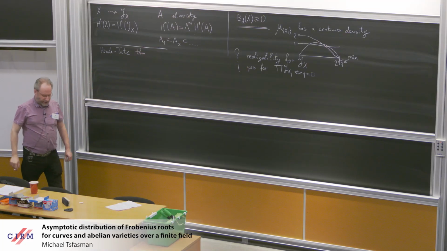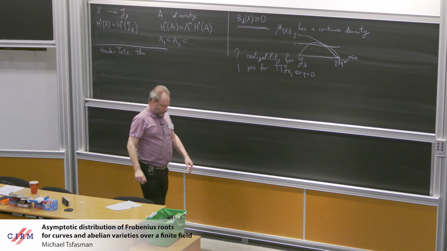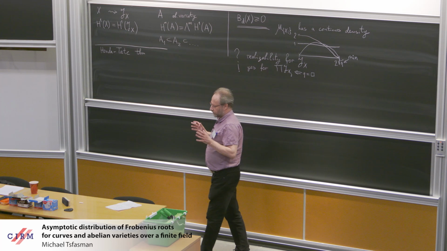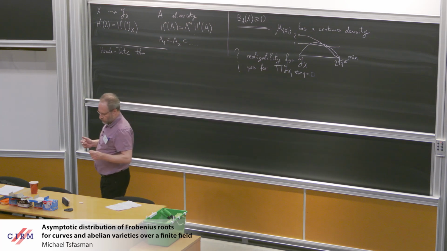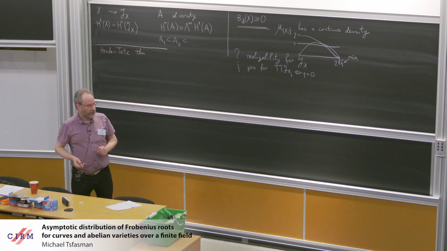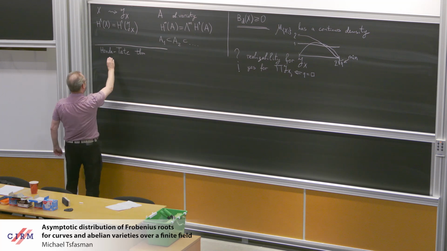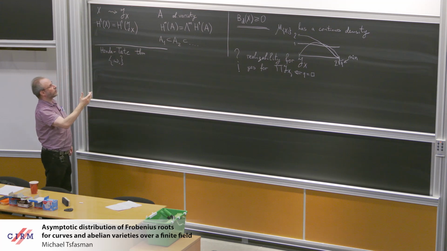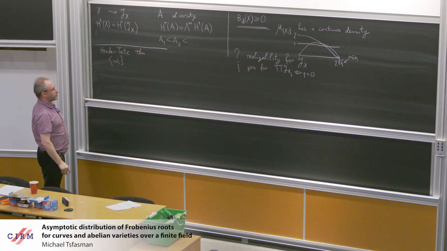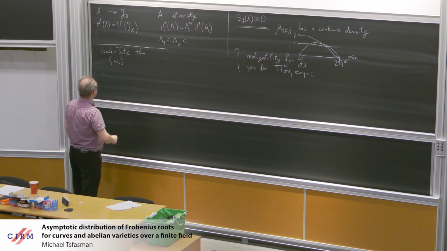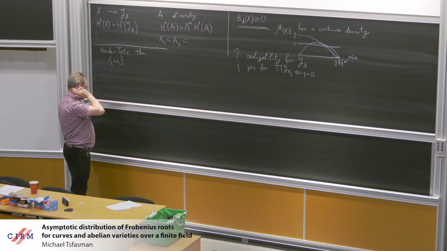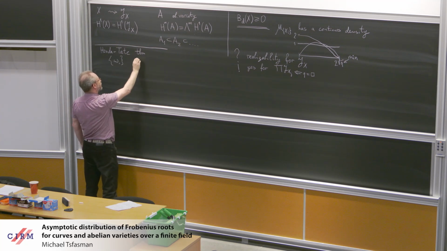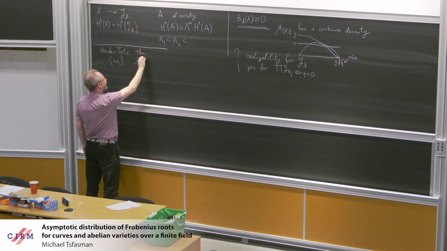So the Honda-Tate theorem says that suppose you have a set of 2g inverse Frobenius roots omega i's, so for any set of omega i's that satisfies all necessary conditions, so they are on the circle and they are pairwise complex conjugate, then there exists an abelian variety A.